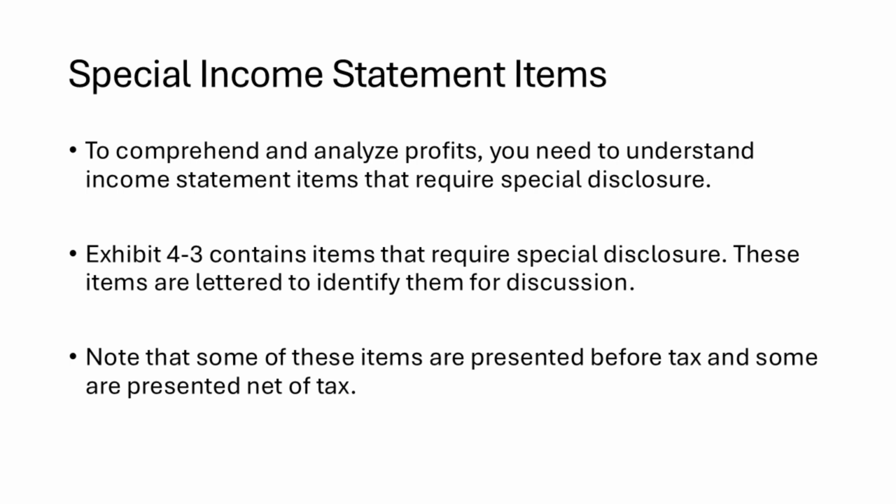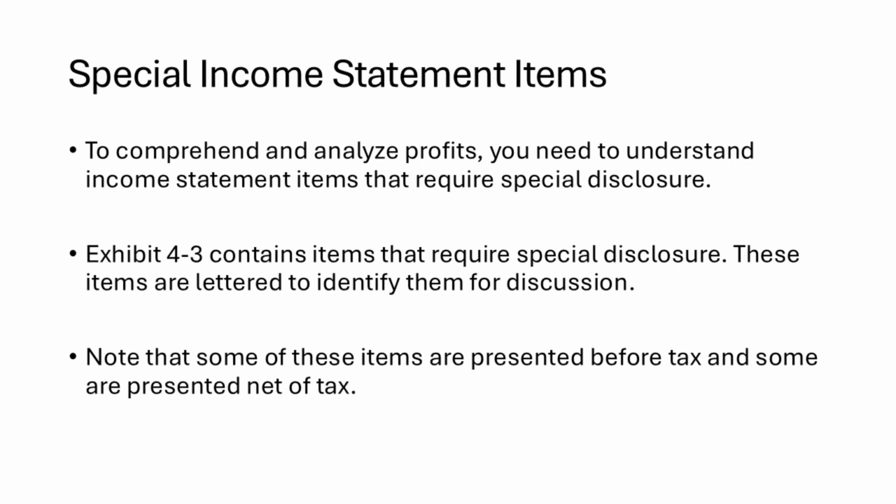Special income statement items. To comprehend and analyze the profit, you need to understand income statement items that require special disclosure. You can observe in Exhibit 4.3 the items that require special disclosure.